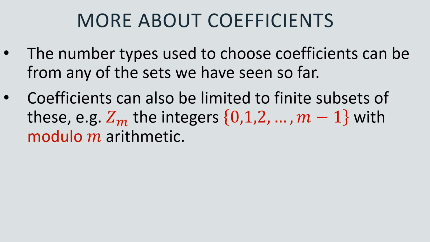We can also limit our choice of coefficients to finite subsets of some collection of number types. So for example, one important case is what's denoted by the integers sub m, and that corresponds to using only the integers 0, 1 through to m minus 1, but all of the arithmetic is carried out modulo m.